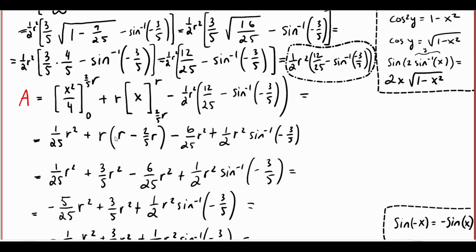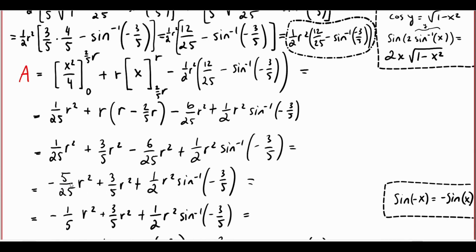So we see here it becomes, this is 5 over 5r minus 2 over 5r, so 3 over 5r squared. And then we have this term here, and this term is this term here, and this is this. And if we simplify, we get minus 5 over 25 r squared plus 3 over 5 r squared plus 1/2 r squared arcsine minus 3 over 5.